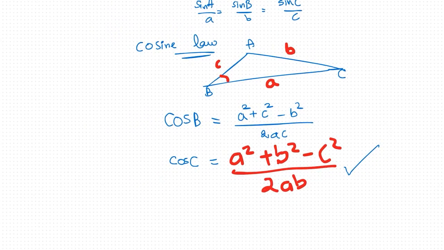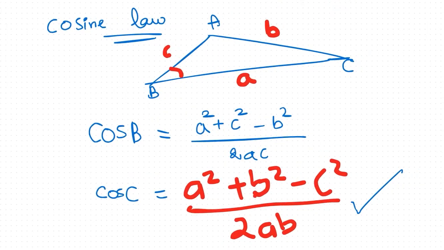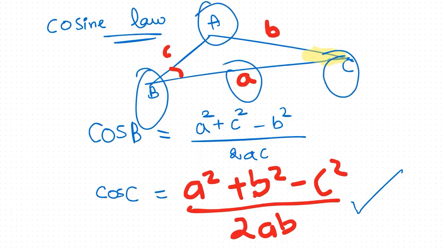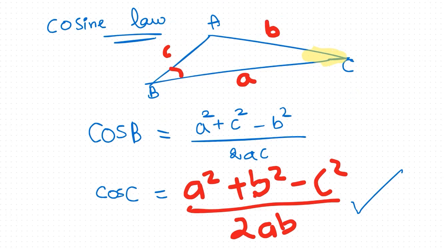If you look at the diagram carefully, let's say we are choosing cos C. So the way to use the formula: cos C will be equal to a square plus b square.